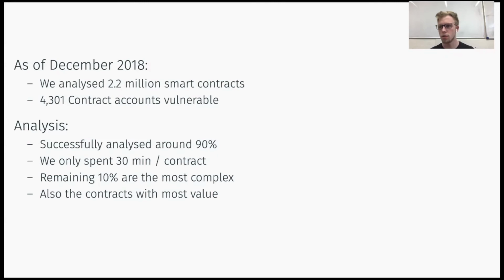We could technically use other solvers or analyze our equation system longer, but we had to impose some kind of timeout. The remaining 10% are also among the most complex contracts in the blockchain, which also contain the most value, right? And probably still the most interesting out there.